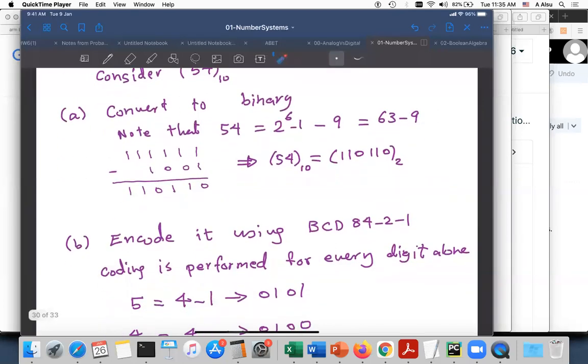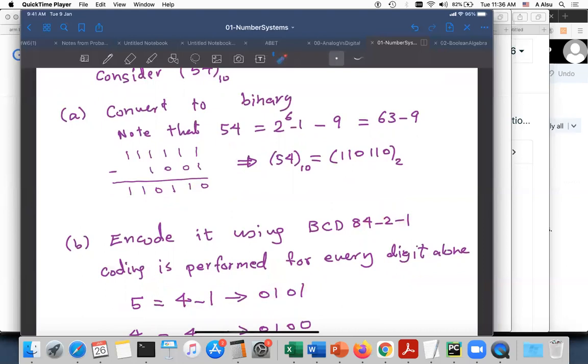Now using 8, 4, minus 2, minus 1, the 5 will be 4 minus 1, which is nothing but 0, 1, 0, 1. So the 4 is here, and then minus 1 is here.